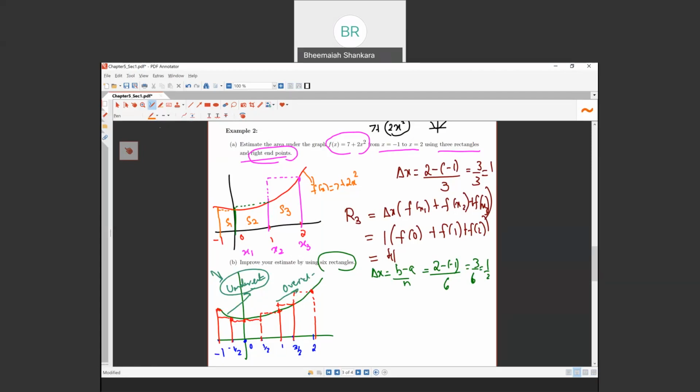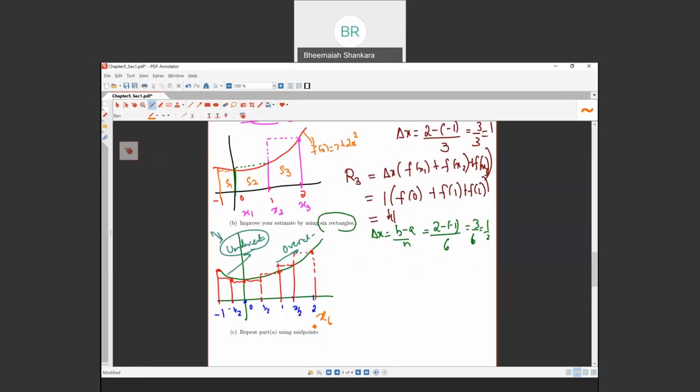So we know n is 6 and delta x is 0.5 for this problem, and we are using the rightmost points. So start by naming the points. The first point will be negative half, then you have x2, x3, x4 all the way up to x5. The last one is x6. Now you write the area of the rectangles R6 will be delta x times f(x1) plus f(x2) all the way up to f(x6).